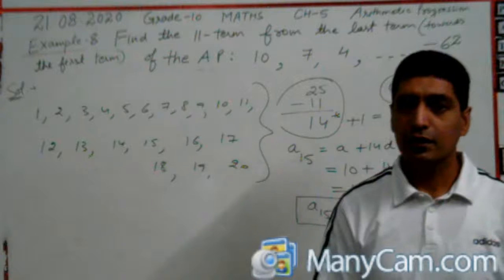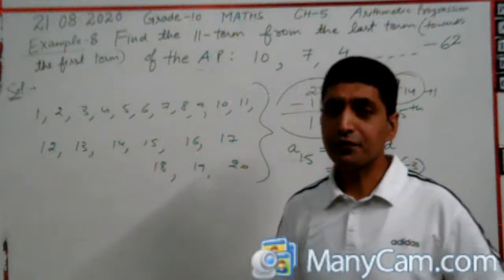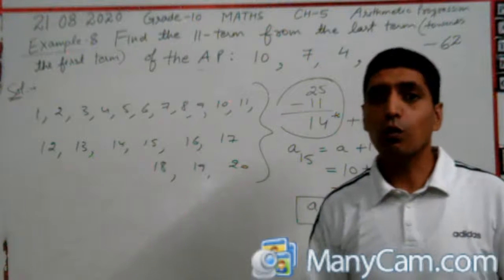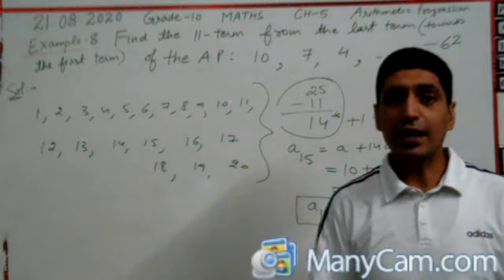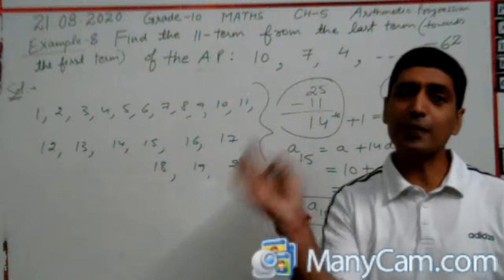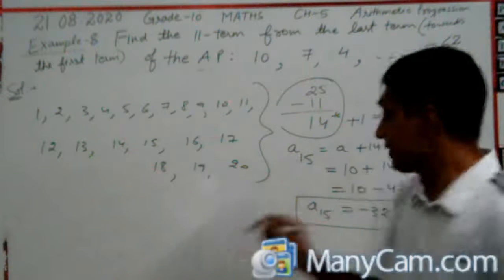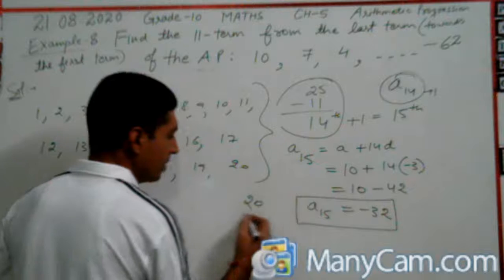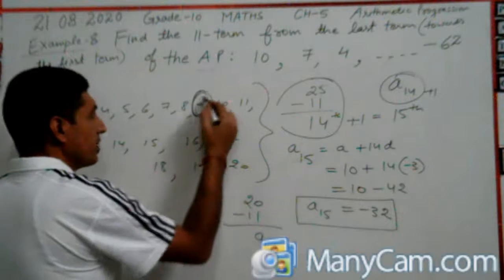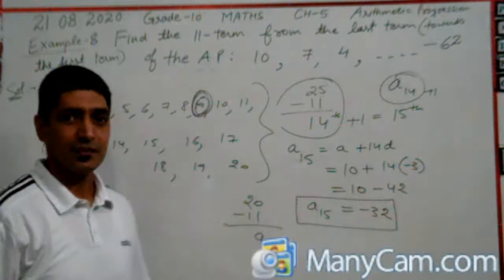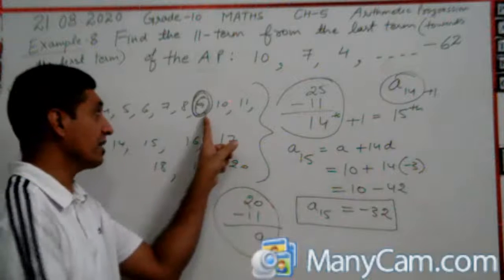The first term is 1 and the common difference is also 1. Now if the question is what will be the 11th term from the last? If we say 20 total terms minus 11, so the 9th term should be your answer, yes or no? Most of us will think this.